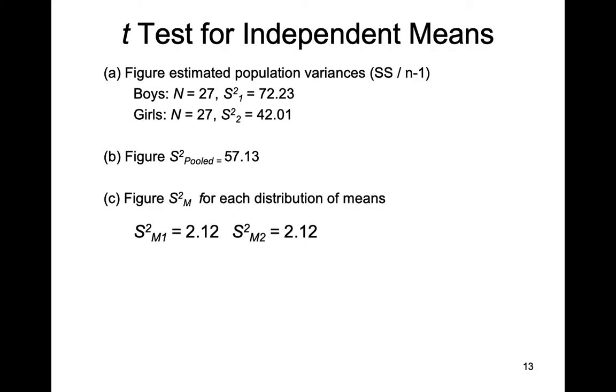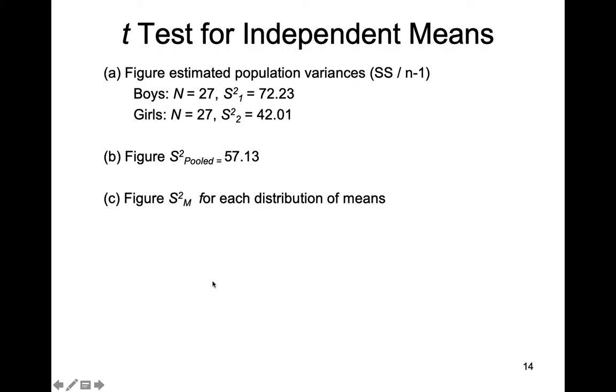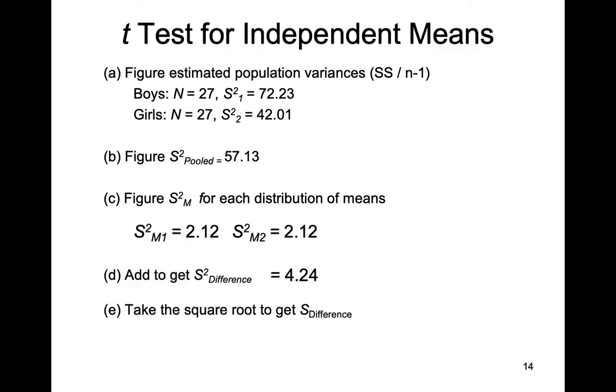Based on the variance sum law, we add those two variances together to get the variance of the distribution of differences between means. And then the last thing we do is take the square root of that variance to get the standard deviation, otherwise known as the standard error.